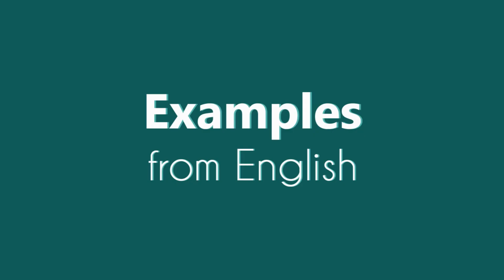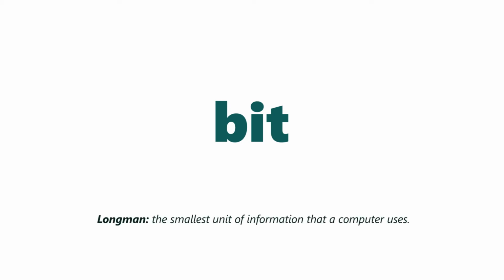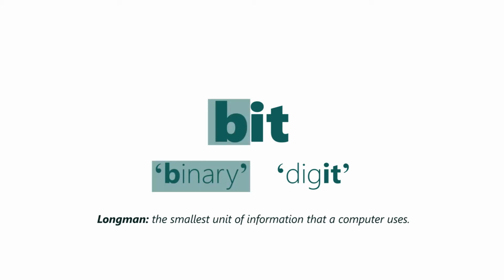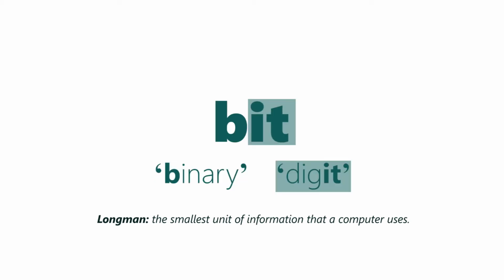For example, the word bit, in this technical sense, in the computing business, when you say a bit of data, that word bit is actually derived from two words, binary digit. The bit is from binary and the it is from digit.